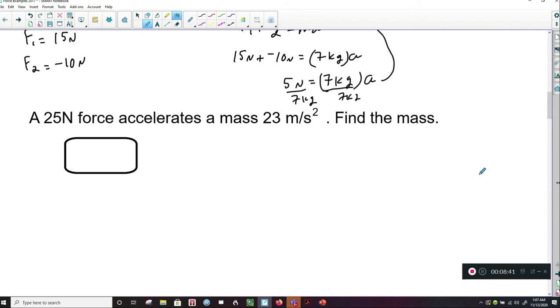So it says here a 25 newton force accelerates a mass 23 meters per second squared. Find the mass. Why don't you guys go ahead and try this one on your own. Please pause the video, and once you're done solving it, then take a look at my solution.